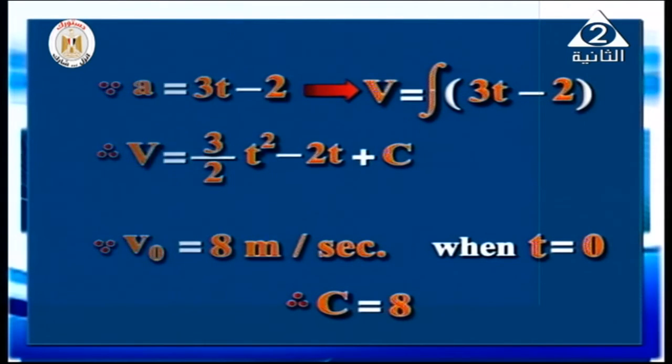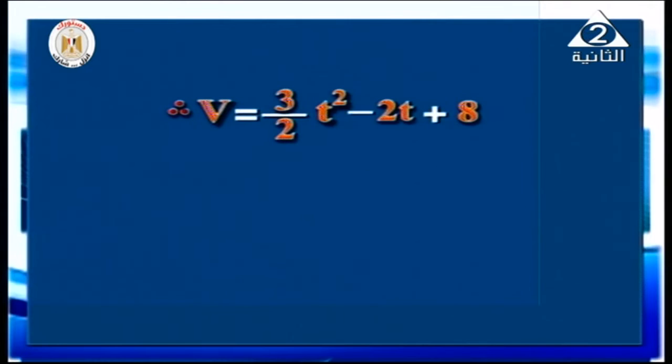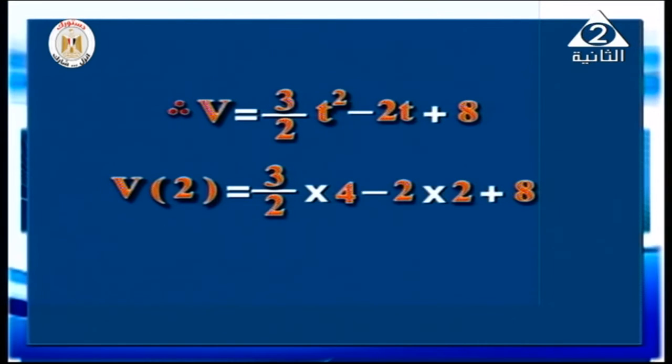Then we write the equation again: velocity equals 3 over 2 t squared minus 2t plus 8. After 2 seconds, by substitution with t equals 2, v equals 3 over 2 times 4 minus 2 times 2 plus 8. Then the velocity is 10 meters per second.